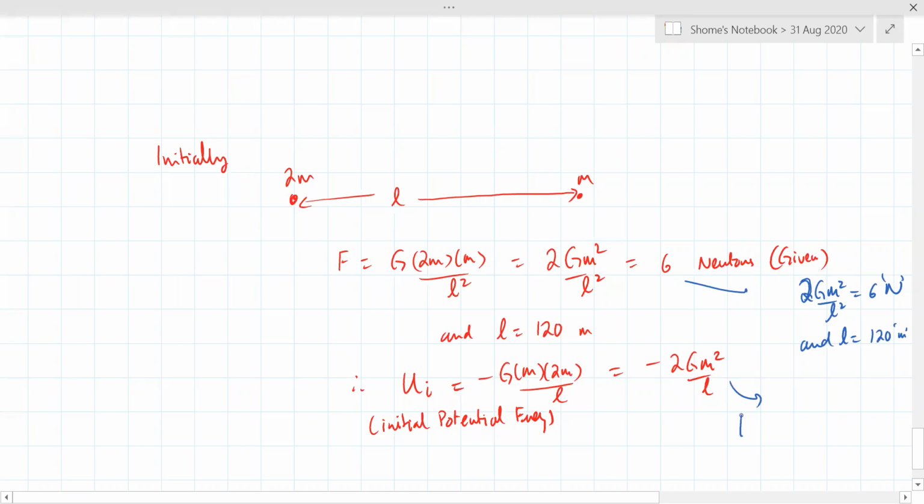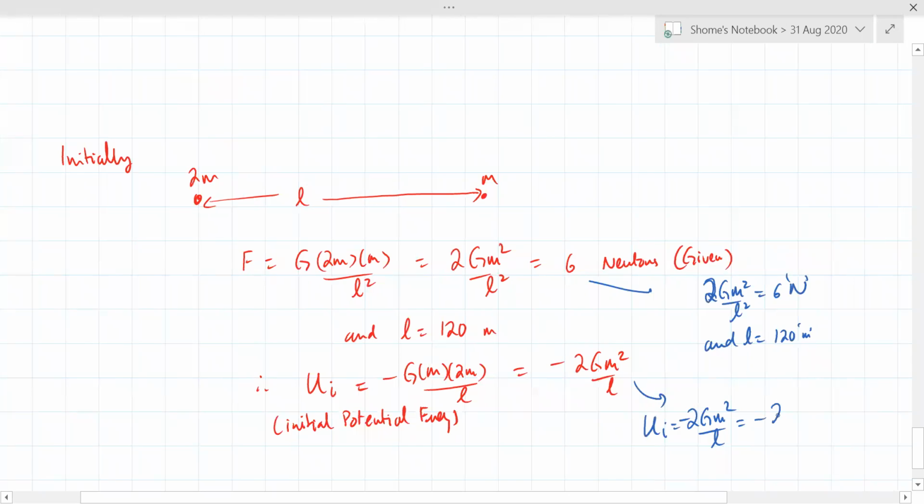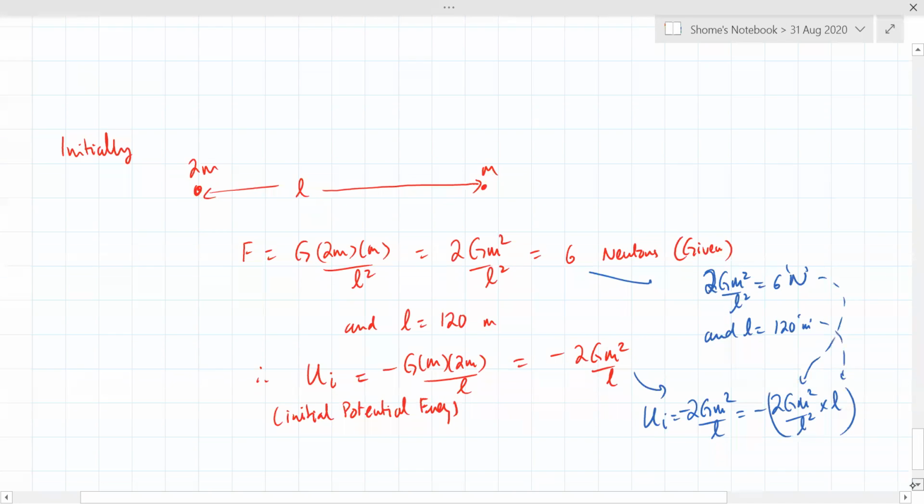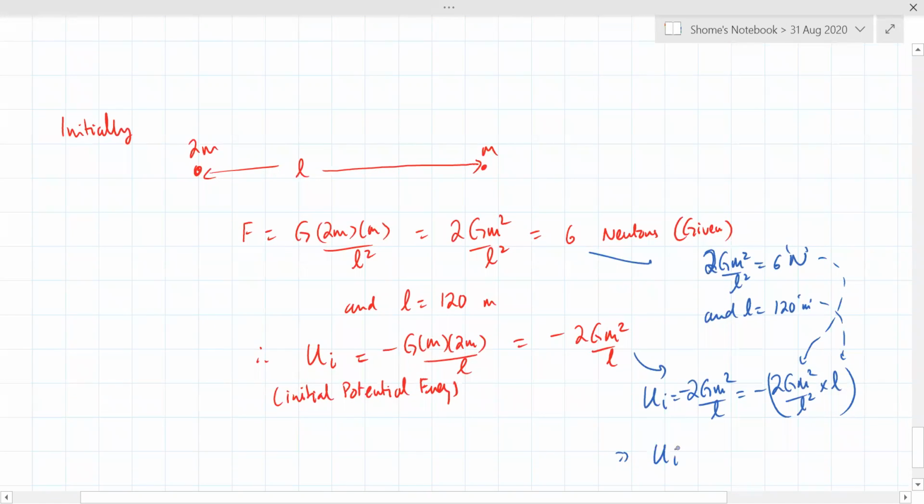So therefore from here, minus 2 G m square by L can be written as minus 2 G m square by L square into L. We can write the value of potential energy like this. So here we'll substitute this as 6 newtons and this as 120. So the initial potential energy is becoming how much? It is becoming minus 720 joules. So this is the value of the potential energy which the system has, and this is the force.